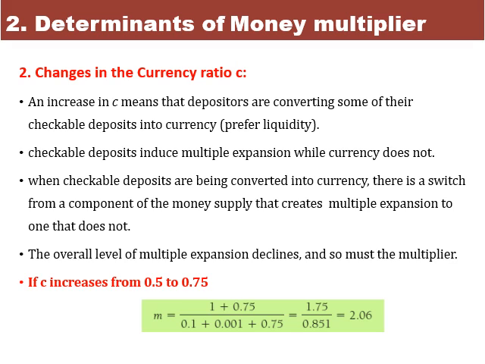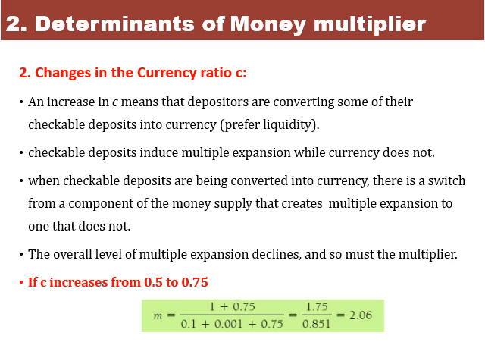So when checkable deposits are converted into currency, there is a switch from a component of the money supply that creates multiple expansion to another component that doesn't support creating multiple expansion, as we have explained in chapter 15. So let's see what happens if the currency ratio increases from 0.5 to 0.75.